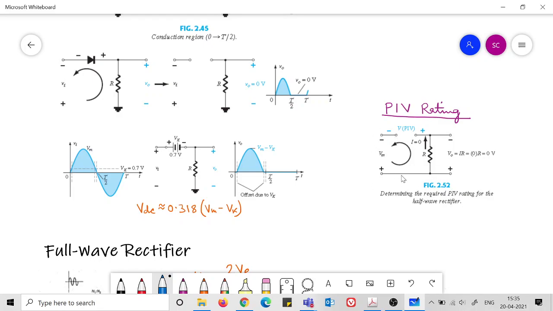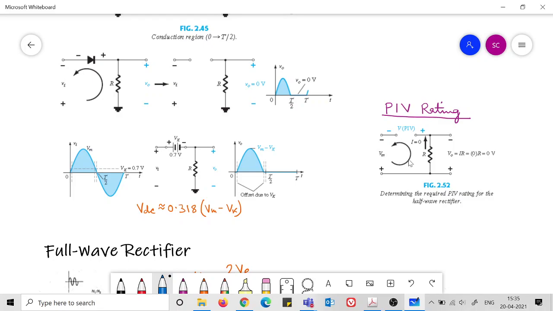If the circuit becomes different, that means if the Vm changes or the R changes, then the maximum reverse voltage across the diode will also change. So you can use a different diode with perhaps a smaller PIV rating, or maybe you have to use a different diode with a larger PIV rating in that situation.